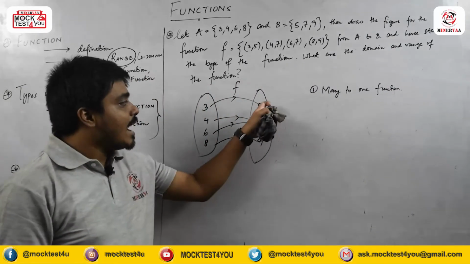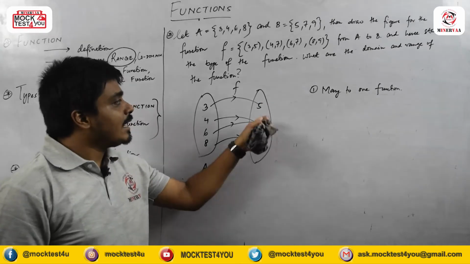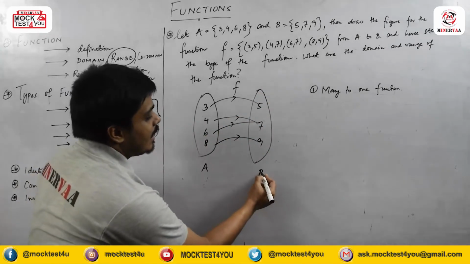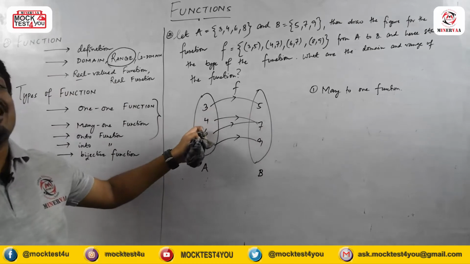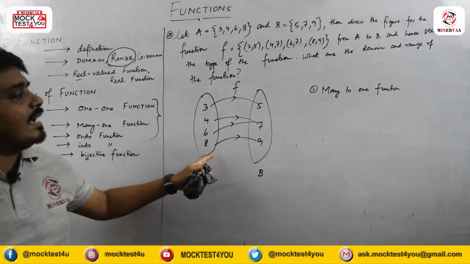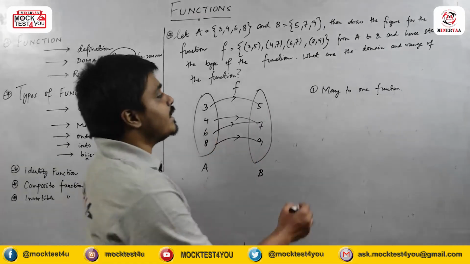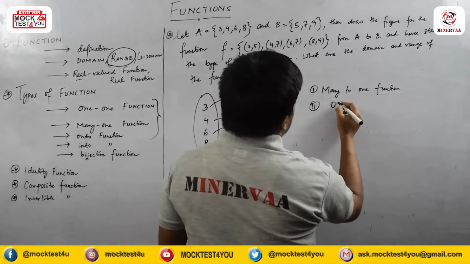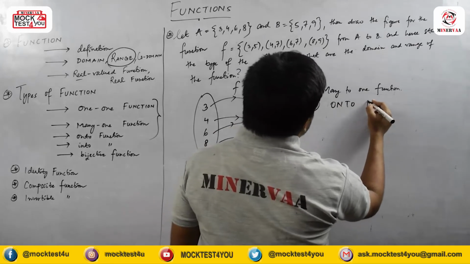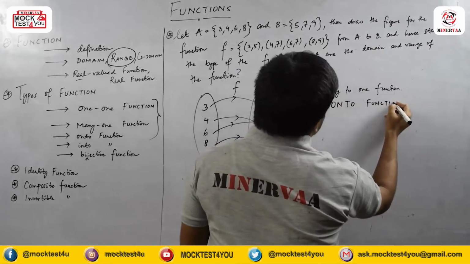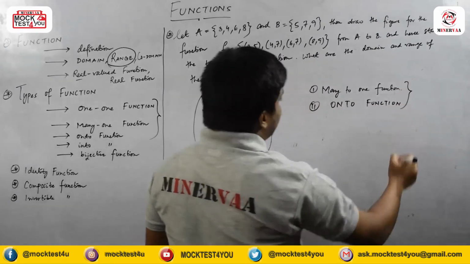But look here, every single element in B is an image of at least one element in set A, right? Every single element is an image. So it is an onto function. So this states the type of function.